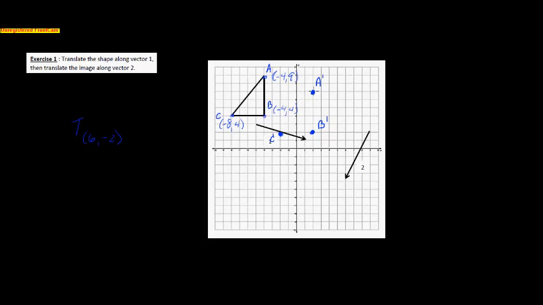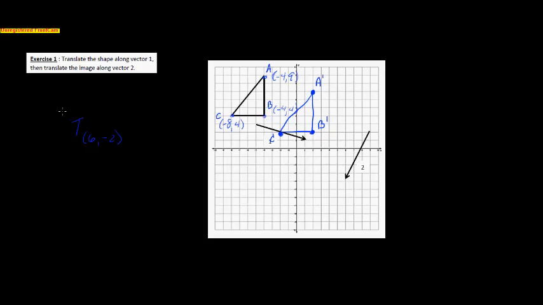Okay, and I can connect the dots. Hopefully I can draw a pretty good straight line with my little tablet here. That one's not very good, but there's that triangle. Now you notice that it's a translation, so it did not change the size of that triangle, and it didn't change the shape of that triangle.